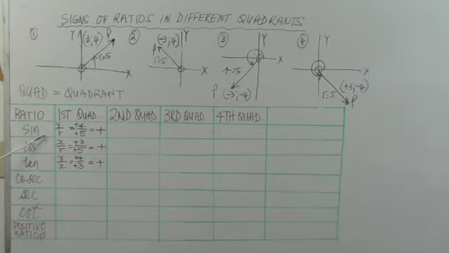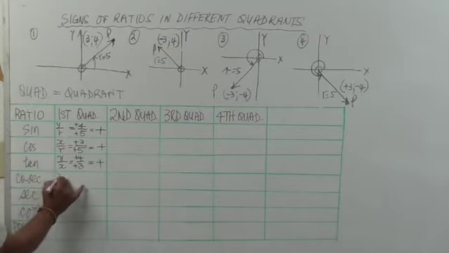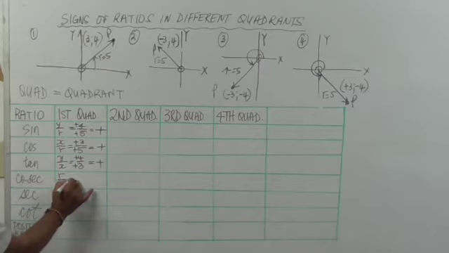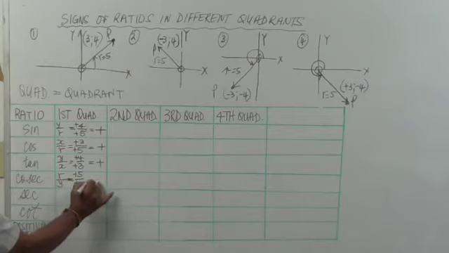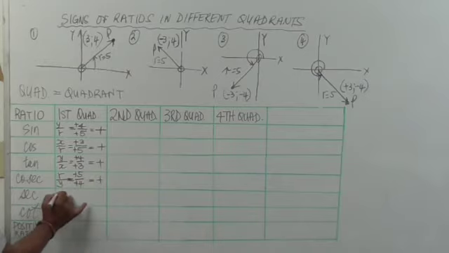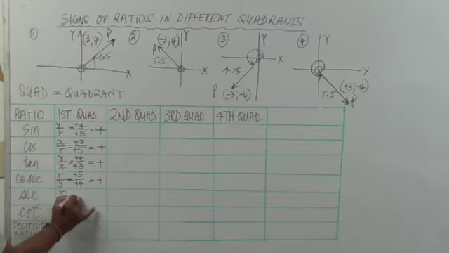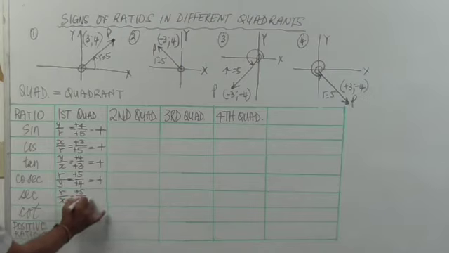So what we can say now is sine is positive in the first quadrant. Cos is positive in the first quadrant. Tan is positive in the first quadrant. And then if you take cosec, cosec is r over y. So it will be 5 over 4, and both are positive, so it's still positive. And sec is r over x, which is positive 5 over positive 3.